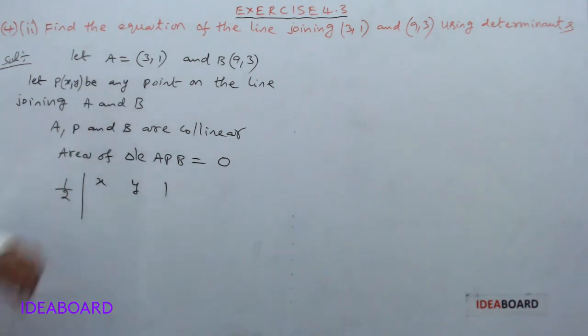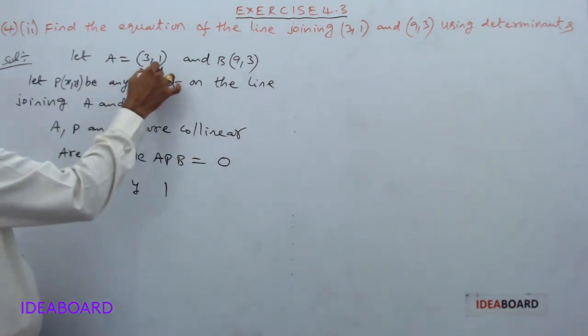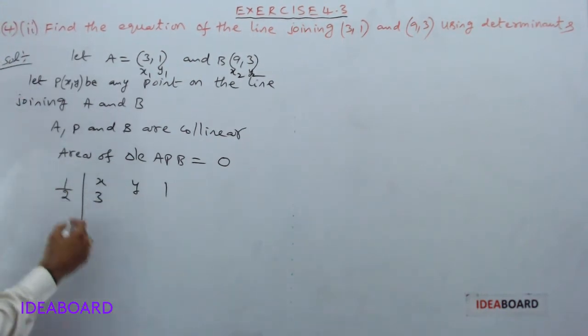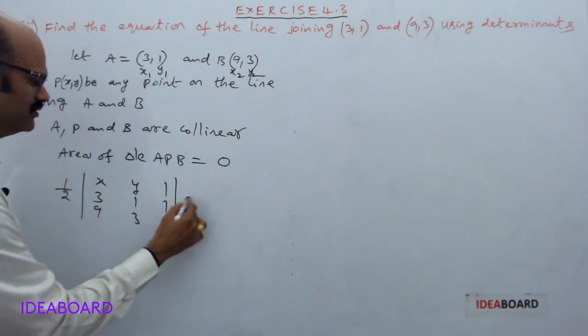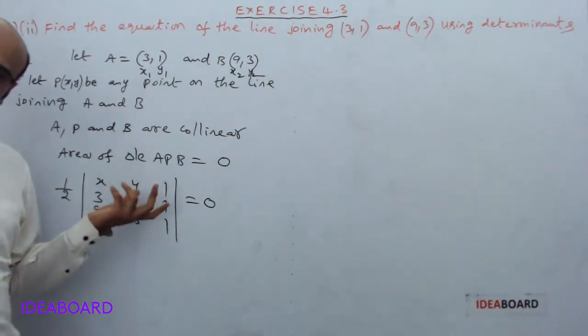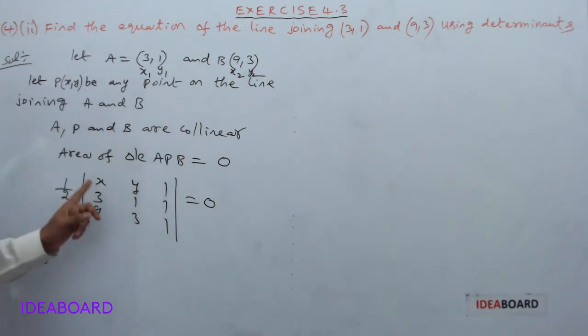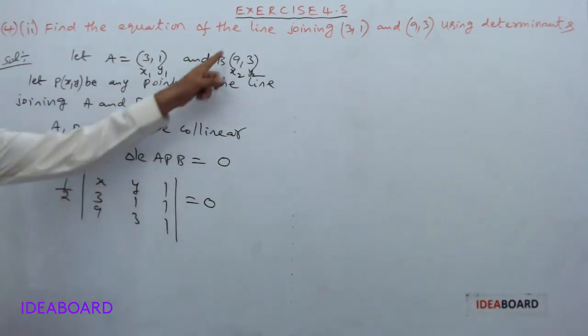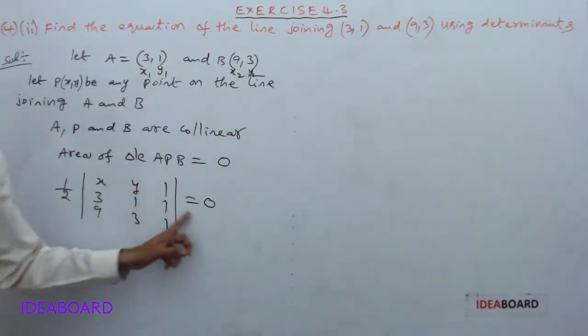Next I take the point A, x1, y1, 1, and x2, y2, 1 here. So 3, 1, 1, 9, 3, 1 equal to 0. We can write directly, otherwise the equation of line is half into determinant of x, y, 1, and the second point you are having 3, 1, 1, 9, 3, 1 equal to 0.